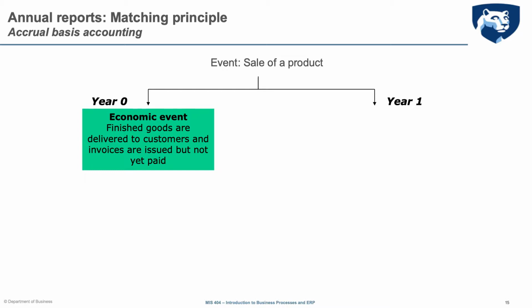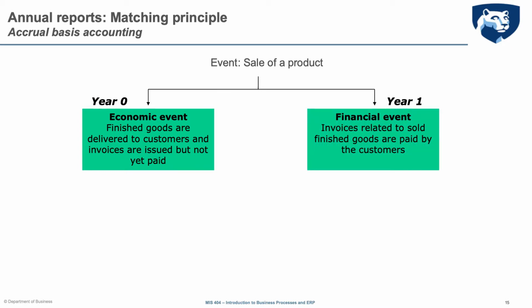If I sell my product at year 0, this generates an economic event. So this is recorded as a revenue. However, in year 1, this gives me back a cash in, the customer will pay me for the product. This will generate in year 1 the so-called financial event. So invoices generated will be paid by the customer.